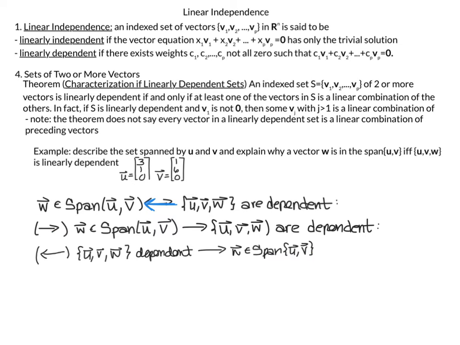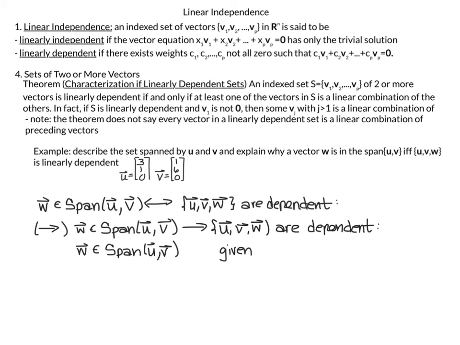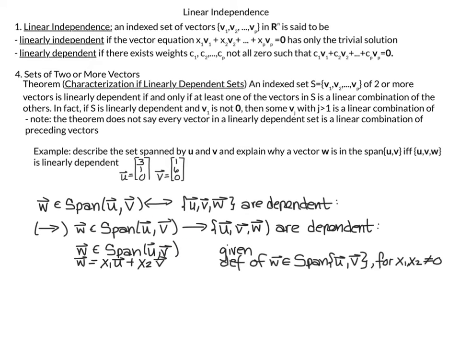I also have the forward and backward direction arrows here to remind us. I am going to start with the forward direction: w is in the span of u, v implies that u, v, w are dependent. So w is in the span of u, v. That is given to us; that's our hypothesis. What that means is w is equal to x1 times u plus x2 times v.